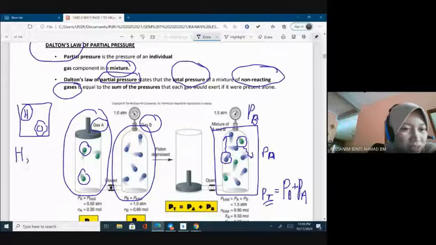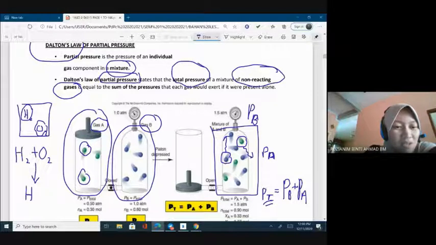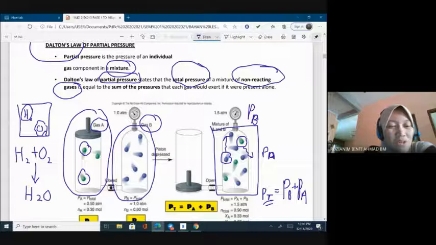Hydrogen gas, H2, and oxygen, O2, are in the same container. Can they react to produce a new product? It can. The formation of water. H and O can be reacted to produce water, or they can also produce H2O2.